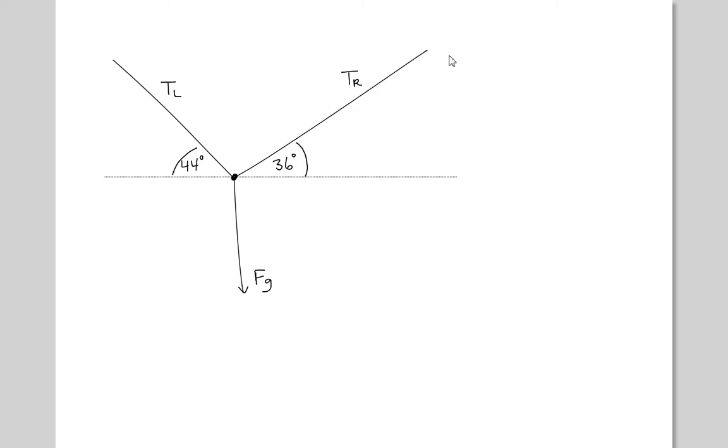The tension on the left string I had roughly 8 newtons, and the tension on the right string I had roughly 6 newtons. And of course those are just approximations on not a very accurate device.